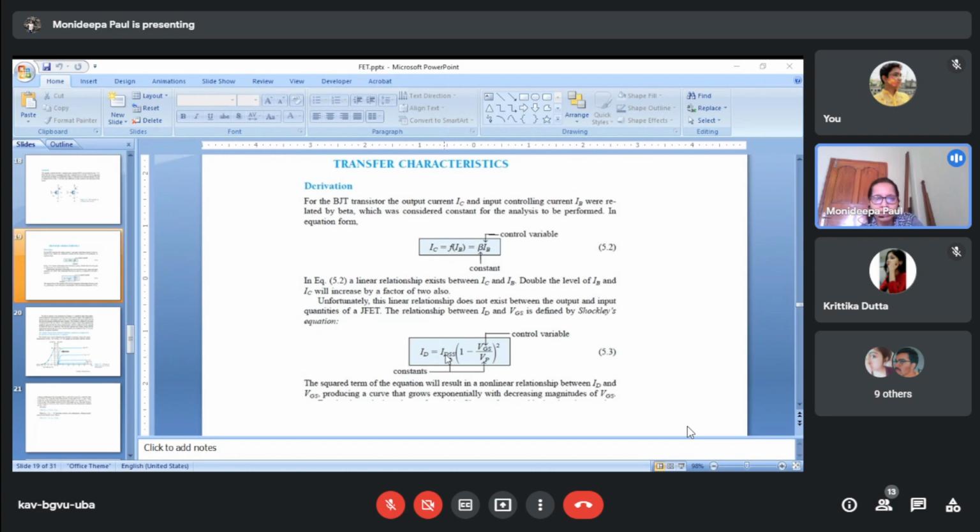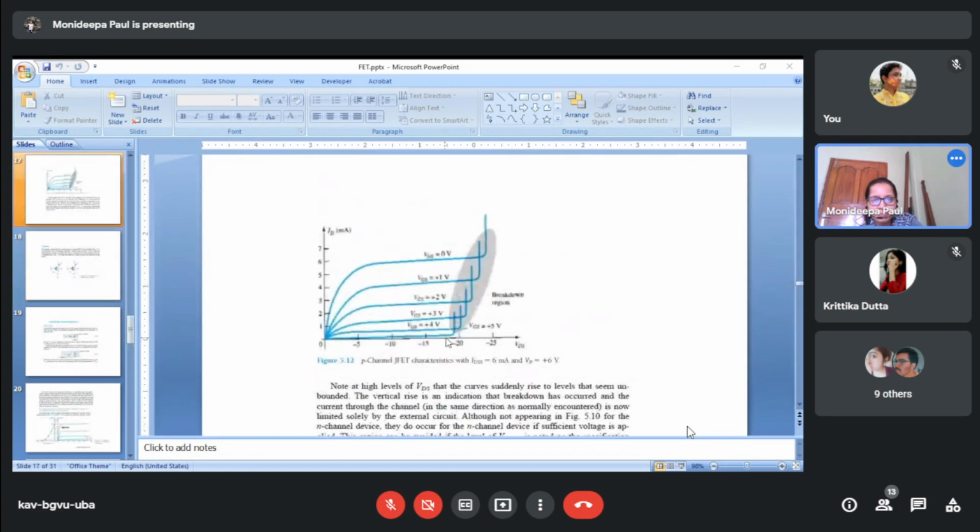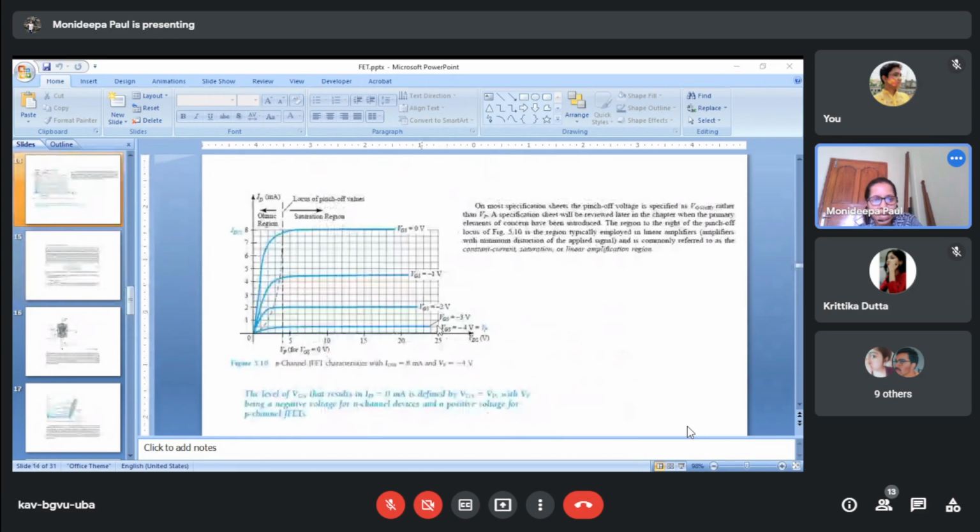And from this curve, you see that saturation current fully depends on the VGS. If you vary the VGS, saturation current will vary. So saturation current is also a function of VGS.